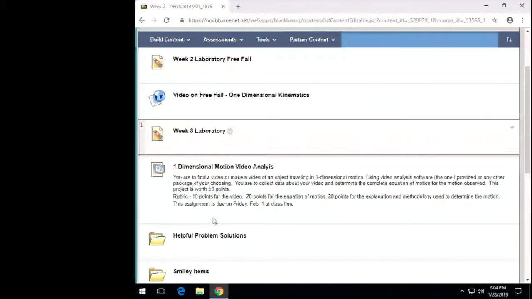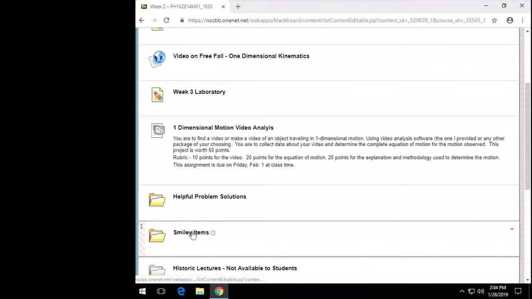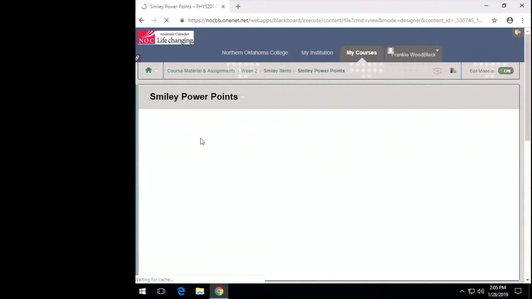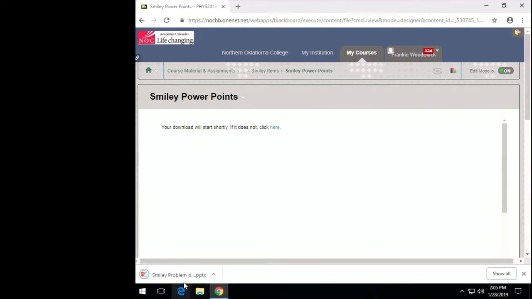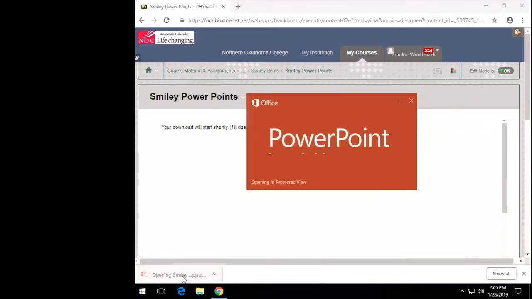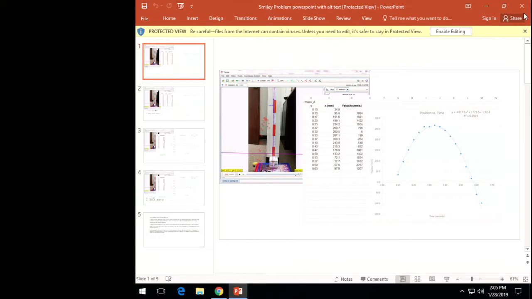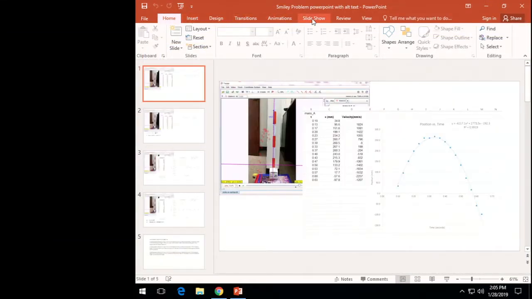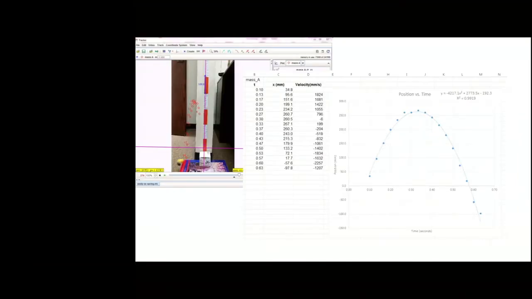So here's all the smiley stuff. I've got a set of PowerPoints, and I think you guys have access to them, so you can see the data and all of this good stuff. Basically, my software gave me my position versus time, and it did a parabolic curve fit.